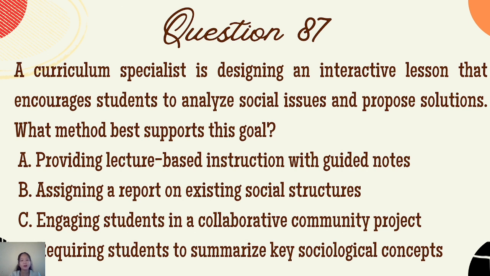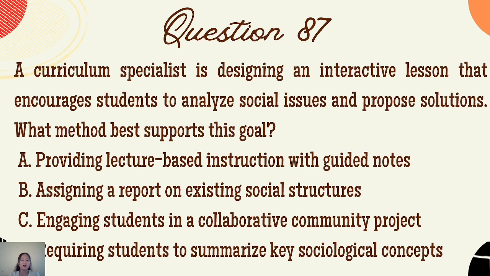So the other options are wrong. For option A, lecture-based instruction. Lecture-based instruction provides only passive learning and not active problem solving. So this option is wrong. For option B, report assignment. Research alone doesn't develop solutions.